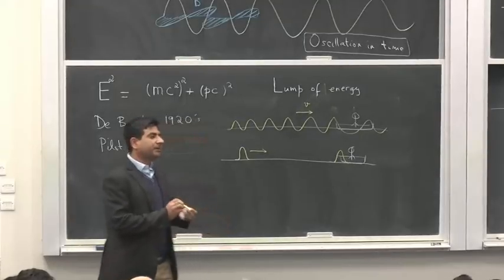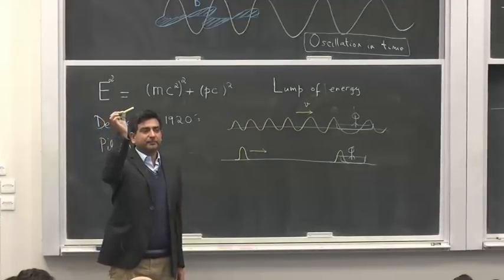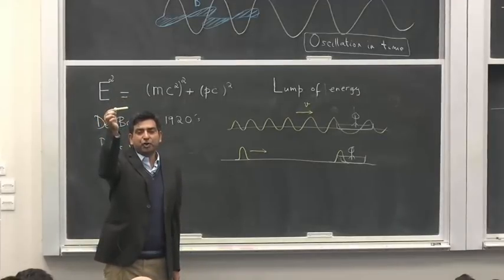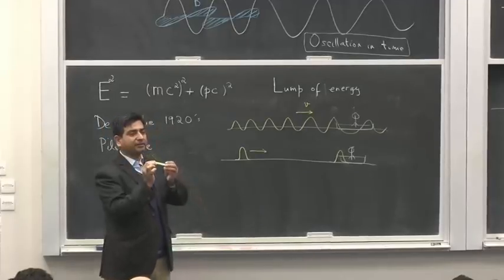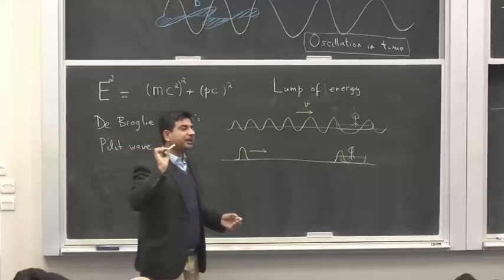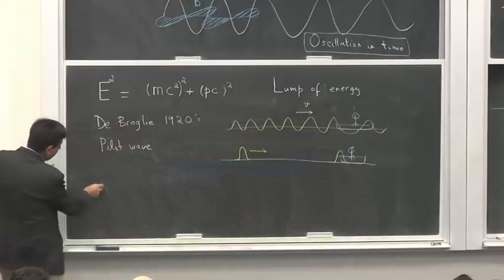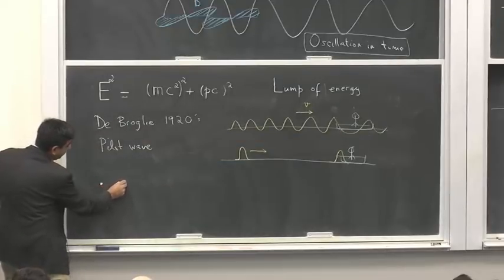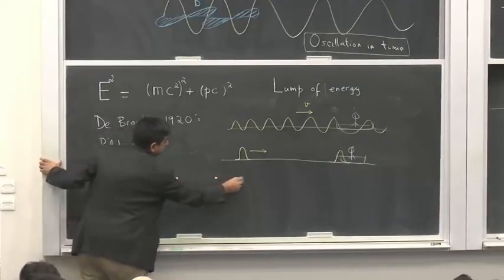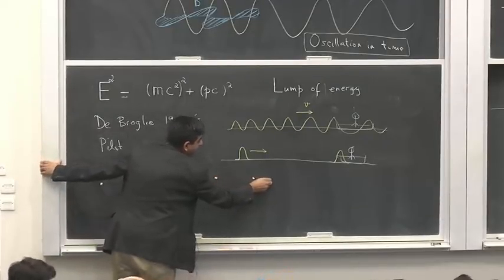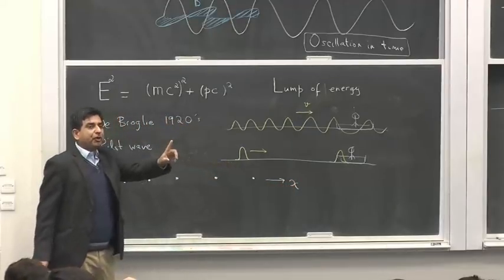For example, suppose this is my particle. It could be an electron, a proton, a neutron, or a piece of chalk. It's my particle. Now when this particle moves in space and in time, so this particle is now propagating in space and in time. Now I'm drawing a picture of a particle.